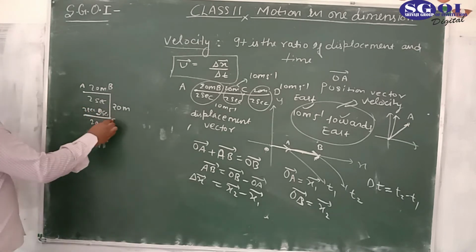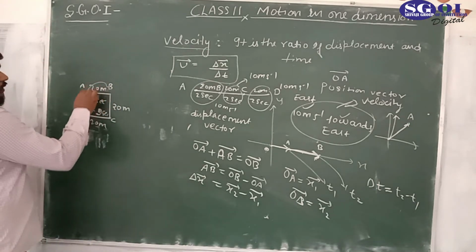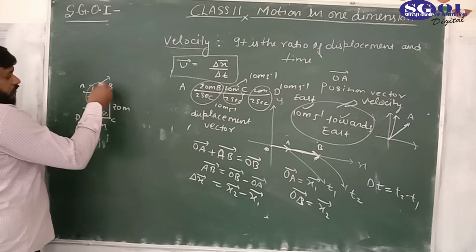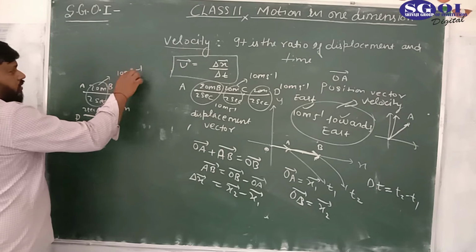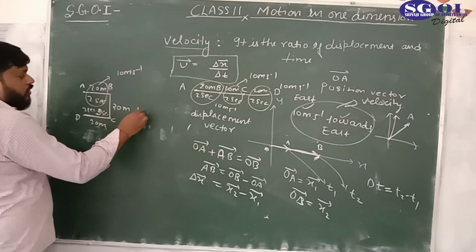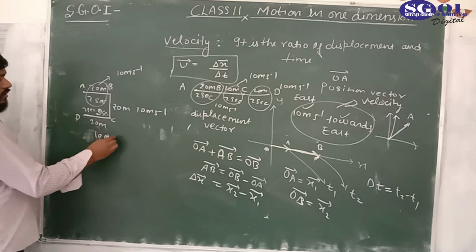So A to B, B to C, C to D. You are seeing here during A to B, the magnitude of velocity is 10 meter second inverse, and during B to C it is also 10 meter second inverse, C to D is also 10 meter second inverse.